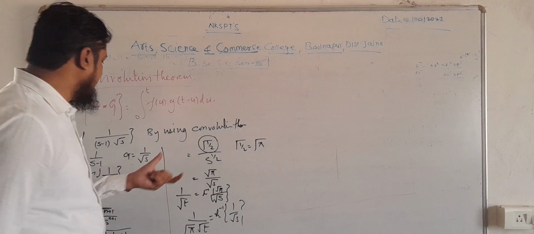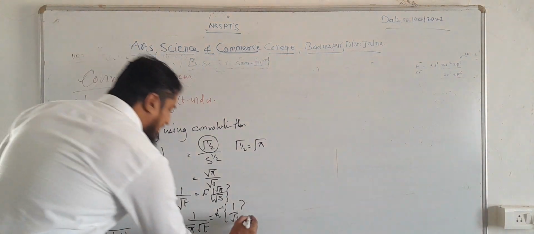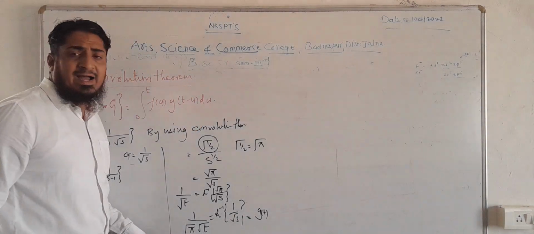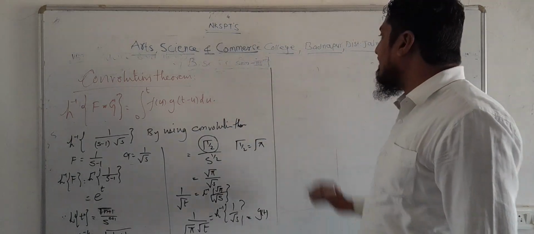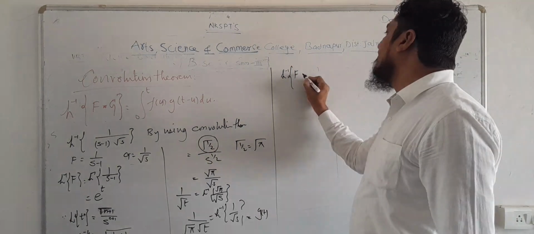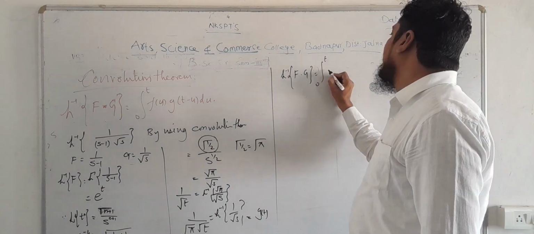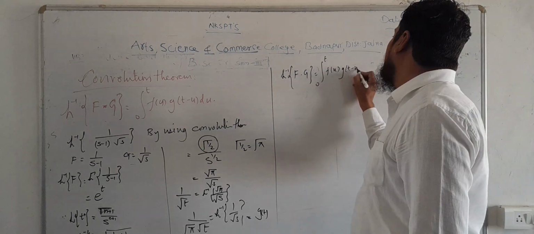So g of t will be 1 upon root pi root t. Now we have the inverse Laplace transform of F into G is equal to integration from 0 to t of f(u) g(t minus u) du.